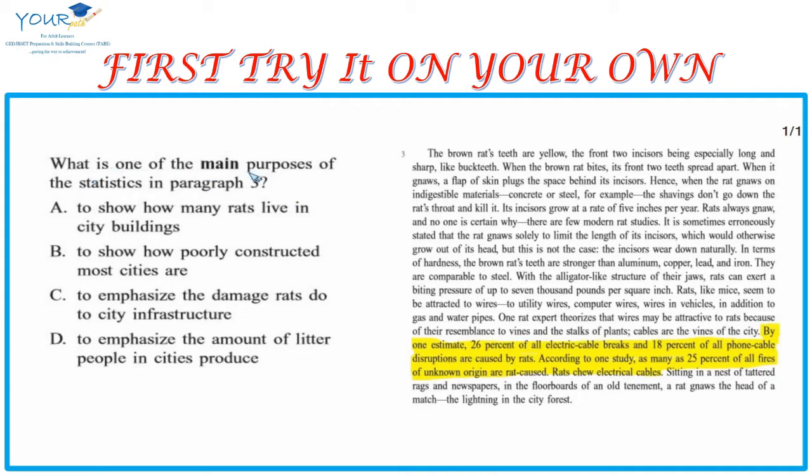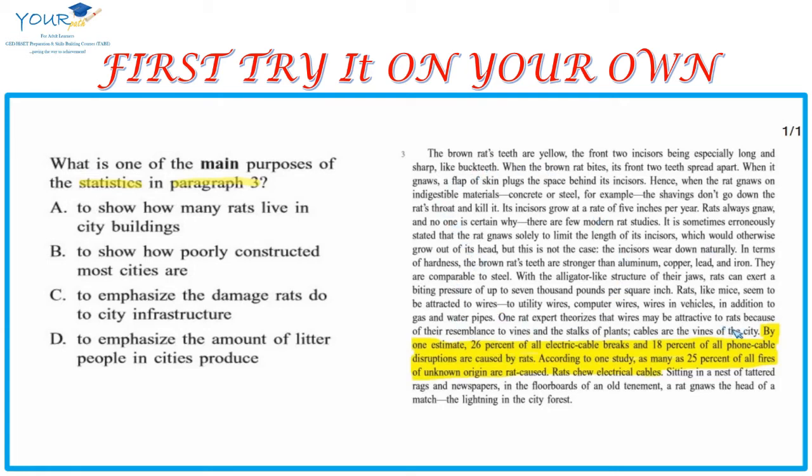What is one of the main purposes of the statistics in paragraph 3? So we know from this question that we're going to reference statistics that we'll find in paragraph 3. Now, our second strategy is to revisit our text.